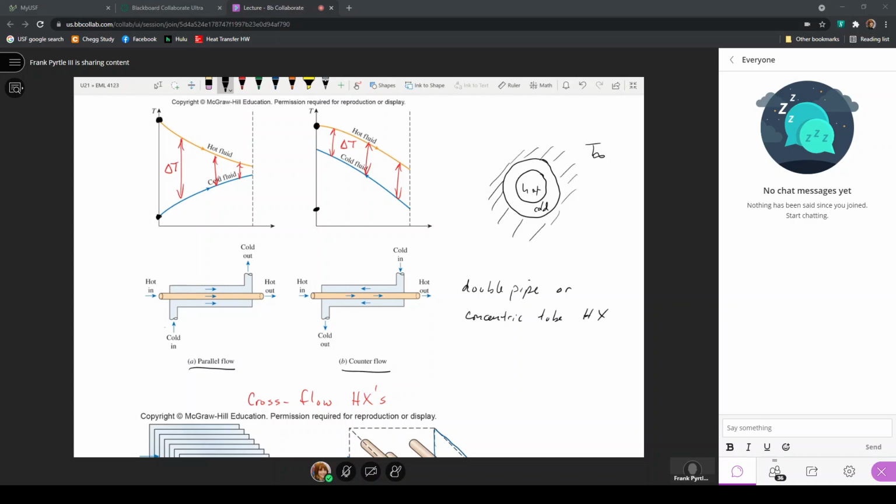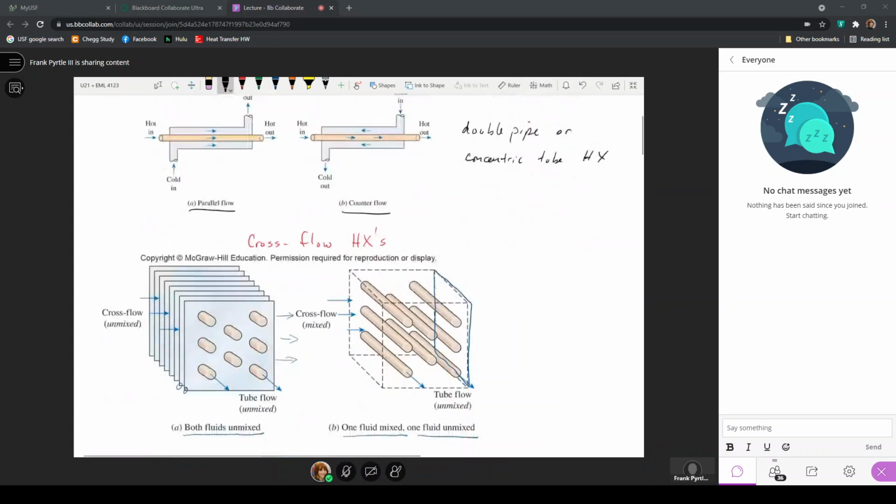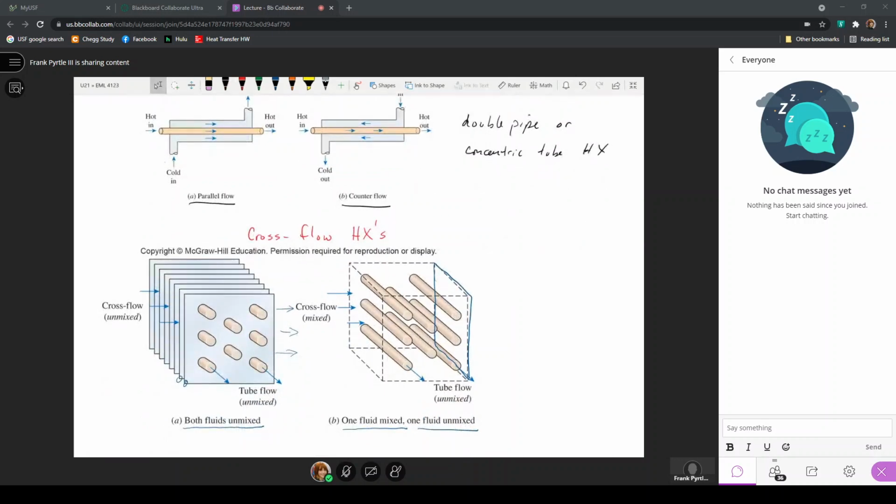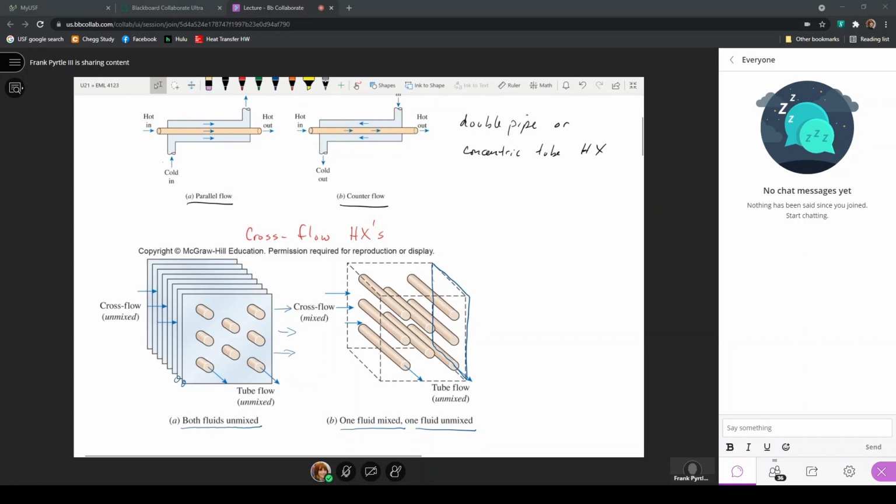So if we have a double pipe heat exchanger, it's either going to be parallel flow or a counterflow heat exchanger. The cross flow heat exchanger, which is like the radiators or evaporator or condensers of your air conditioning system, consists of tubes, typically with fins on them, such that if we have fins that confine the fluid flow, that is typically a gas over tubes, this will be considered both fluids being unmixed, in that the fluid that moves through the tubes is always unmixed as it moves through the heat exchanger.